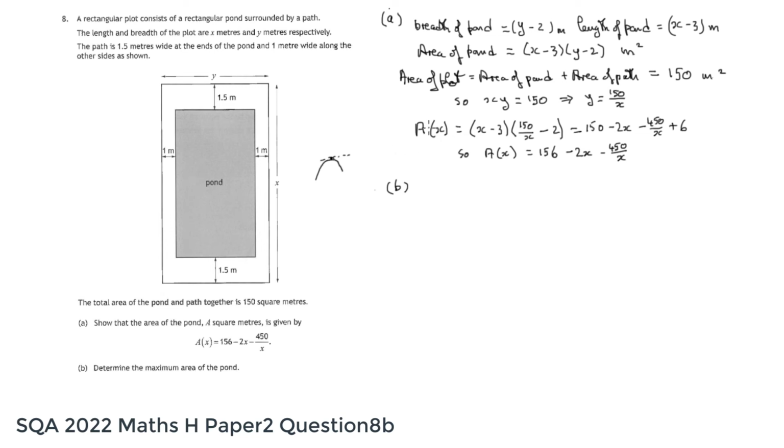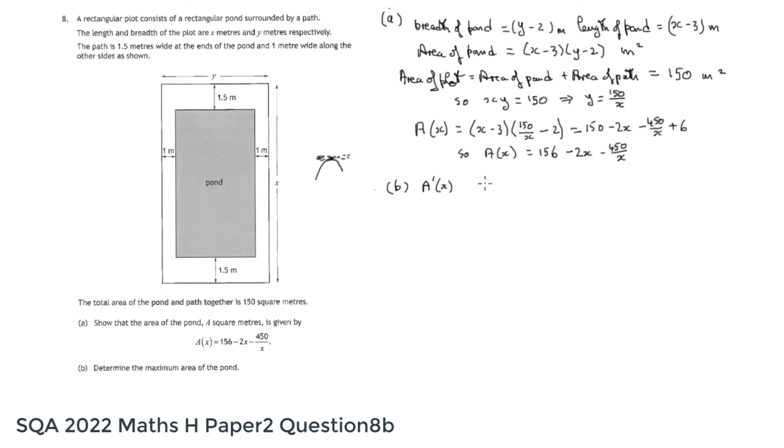So we'll be looking for stationary points on this graph. So this would involve differentiation. We find stationary points by finding where the gradient on the graph is equal to 0. The tangent is horizontal, it's parallel to the x-axis, 0 gradient.